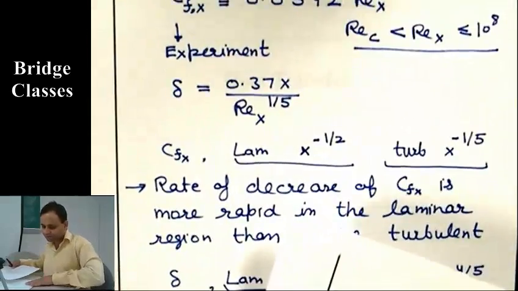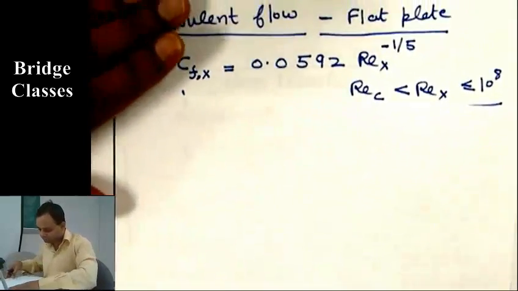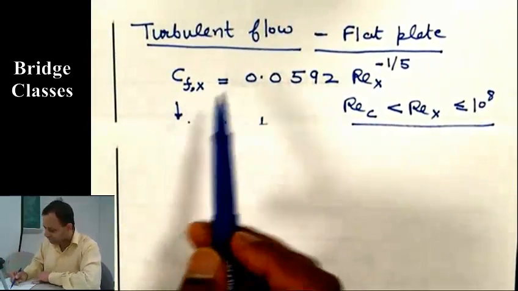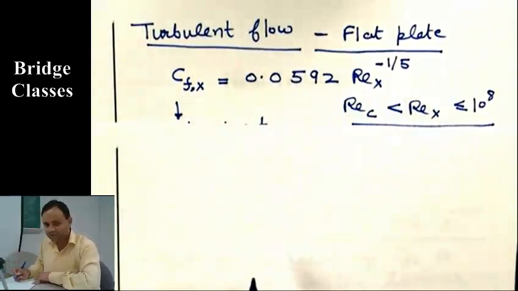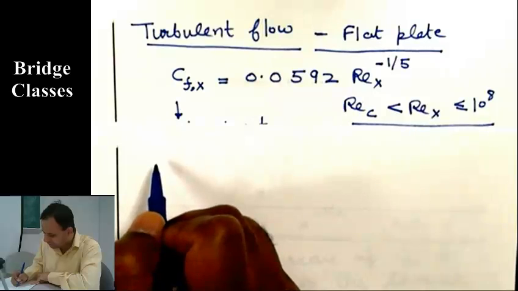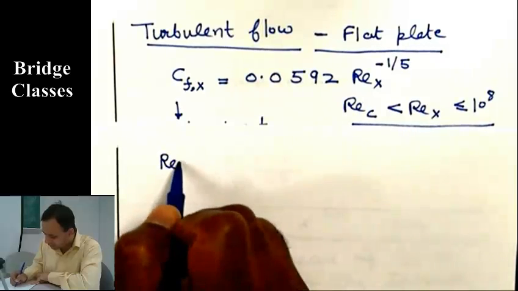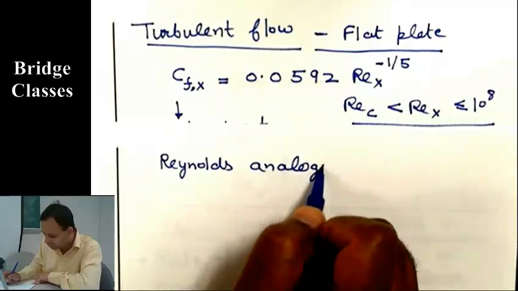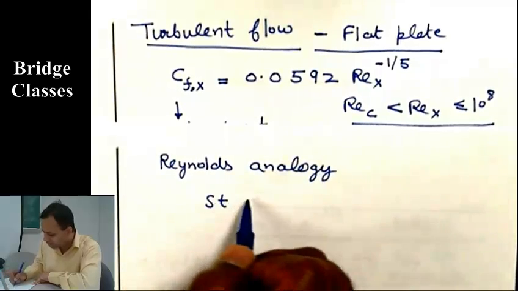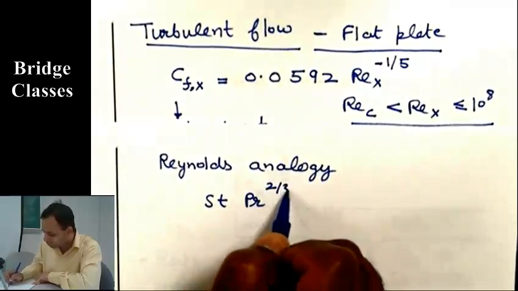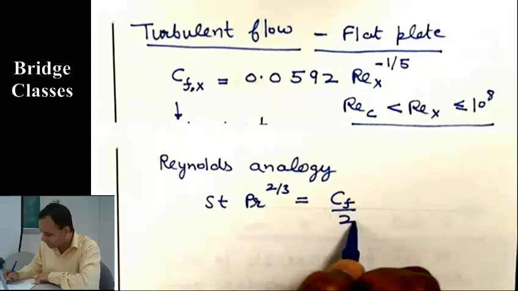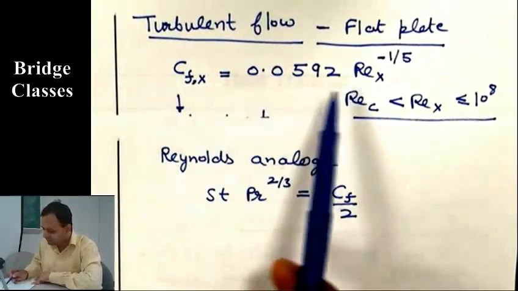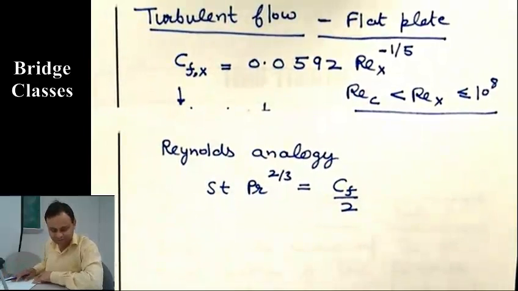Now finally, for turbulent flow, we can use this expression that we have for CF. So this is the expression for CF, and if you remember, we can use this expression along with the Reynolds analogy. That was Stanton number times Prandtl number to the 2/3 is half CF. Okay, that was Reynolds analogy. So we use this analogy along with this expression for CF, and we get an expression for Nusselt number.